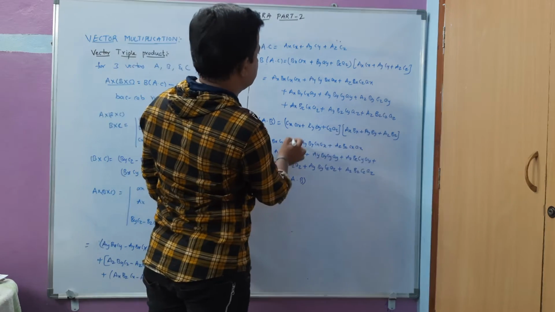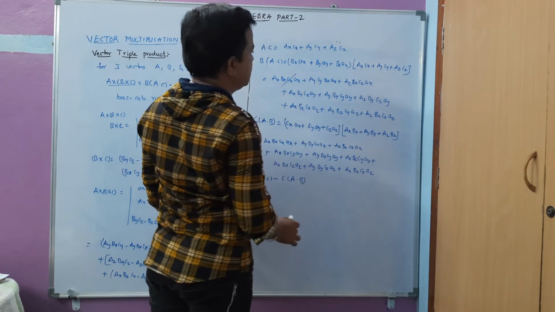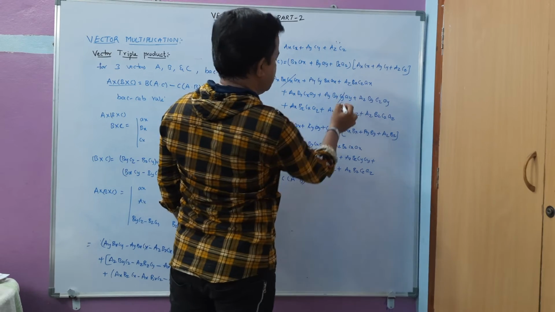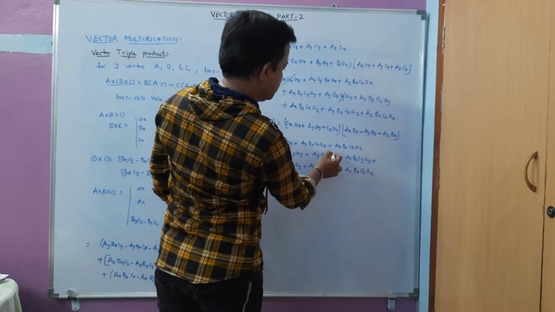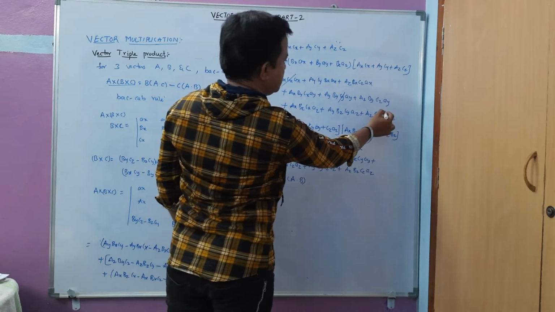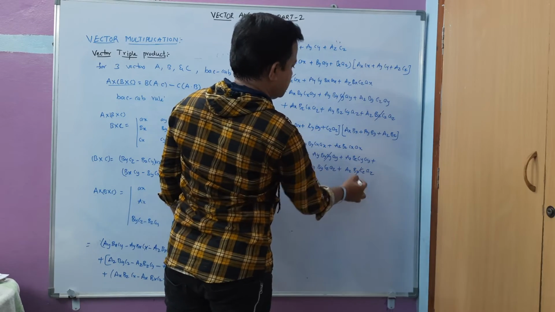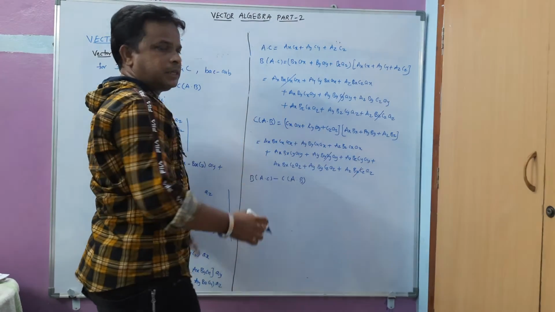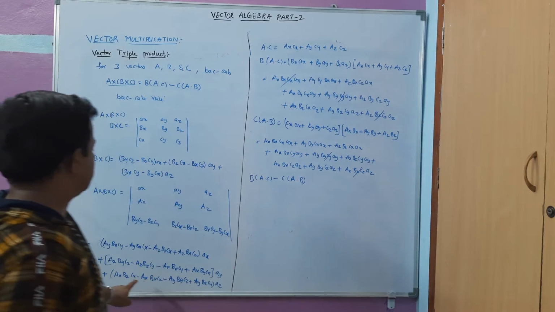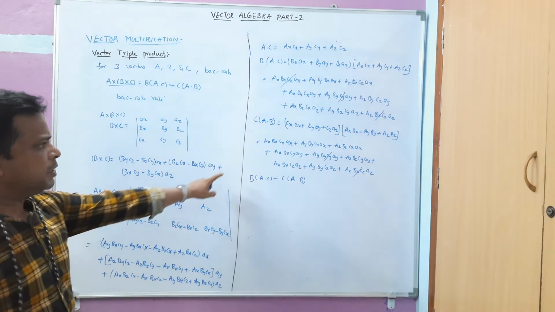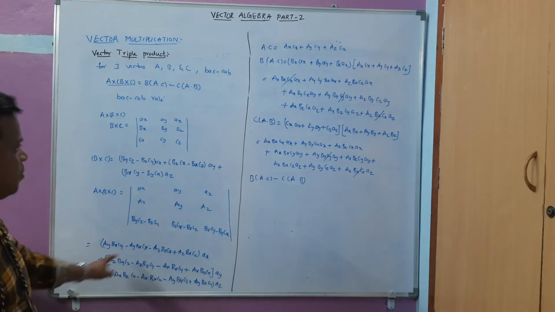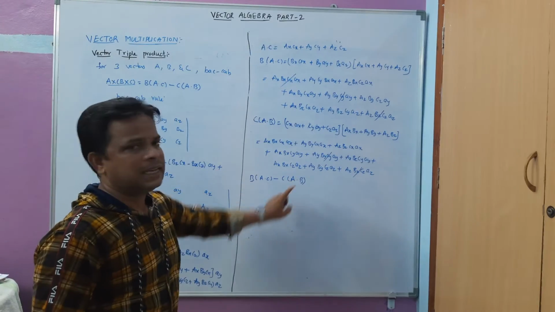That is AX BX CX and AX BX CX, this one AY BY CY and this AY BY CY, and next AZ CZ BZ and this one. Okay, and if you take the common thing, we will get this same result what I have done. Okay, so it will take long time for me to write again here. So you just perform this subtraction, will get the same result here.